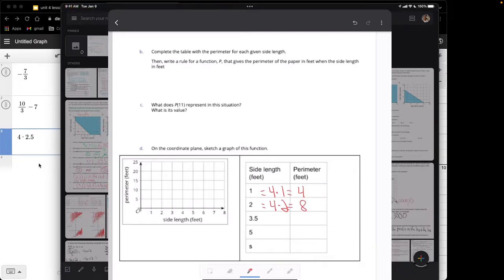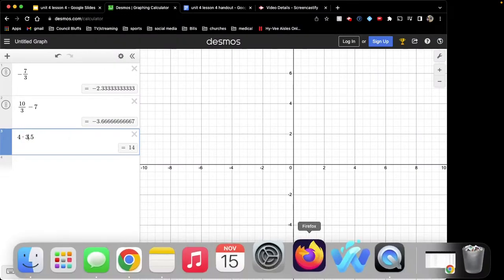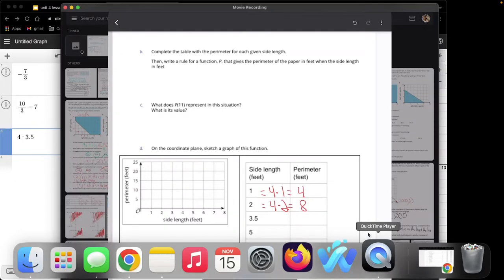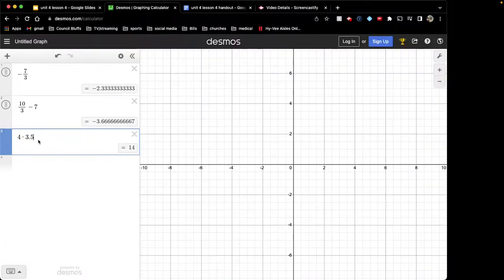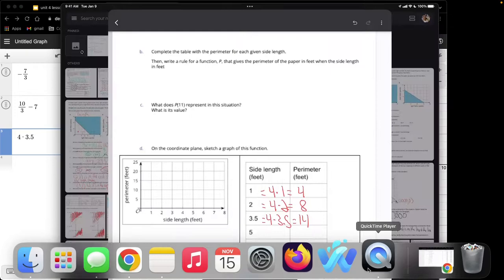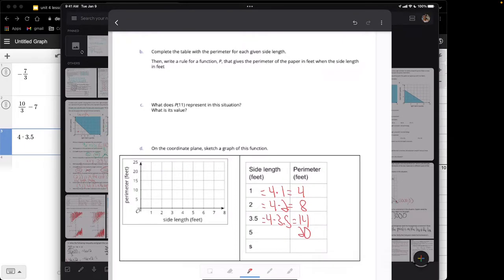When the side length is 3.5, it's going to be 4 times 3.5, which is 14. 5, that's going to be 4 times 5, which is 20. And when the side length is S, it's just going to be 4 times S, or 4S.